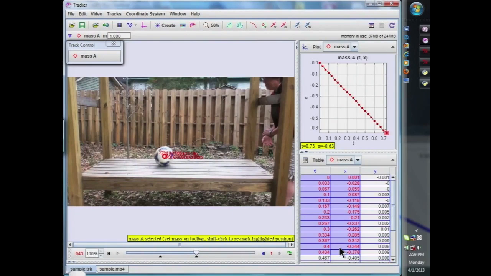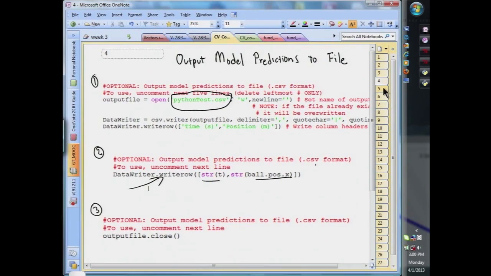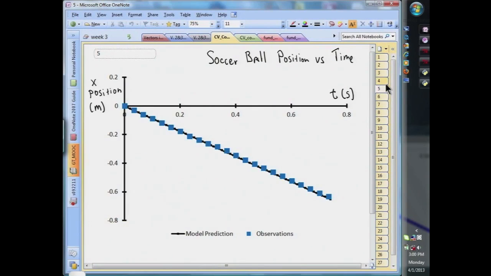Now, given the wide variety of possible spreadsheet applications that could be used for plotting, we will not go into details about that here and will handle that discussion about spreadsheets elsewhere. Instead, we'll go directly to the plot, the graph, showing the comparison between the observations and predictions, where the observed positions at different times are shown in blue squares, and the predicted positions are shown by a black line.